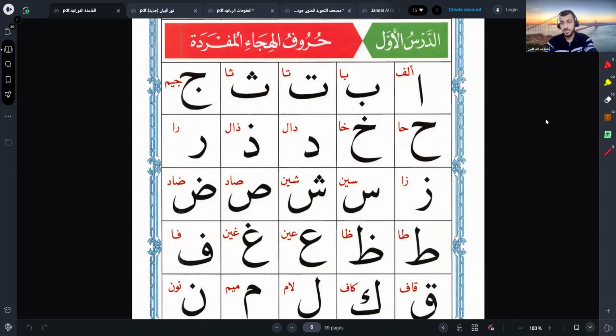For now, let's take care of the difference between each group and the other letters. We need the tip of the tongue touching the tip of the upper front incisors for ث, ذال, ظا. And سين, ز, ص have the whistling sound at the beginning.